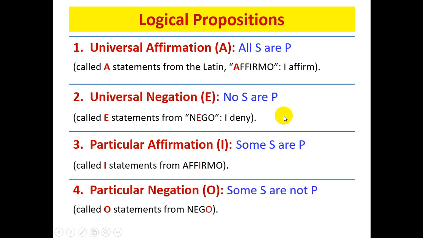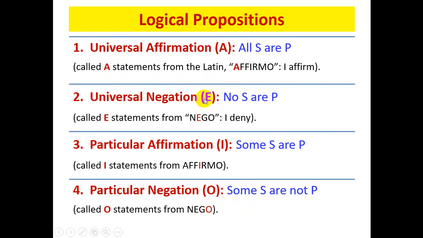The last category of logical proposition is the particular negation. It is negation because we say not here. It is in the negative form. And it is particular because we use the word some instead of all. So in general, if we use words like all, this is universal. Or words like no, this is universal.